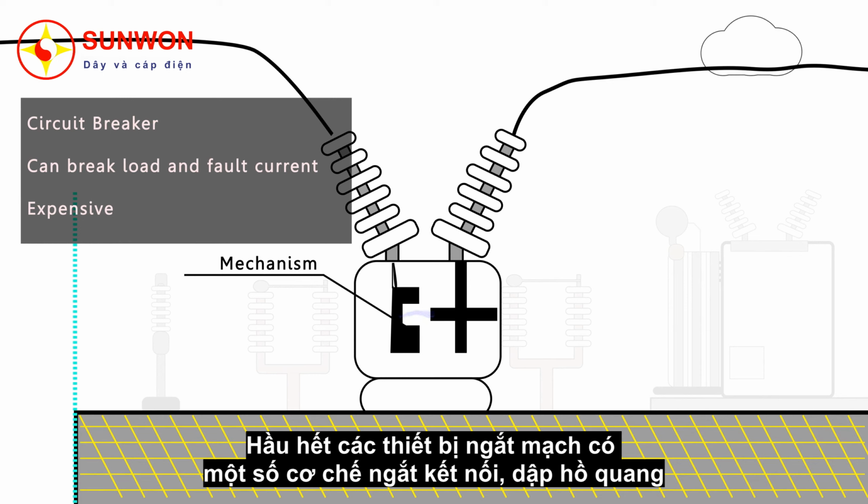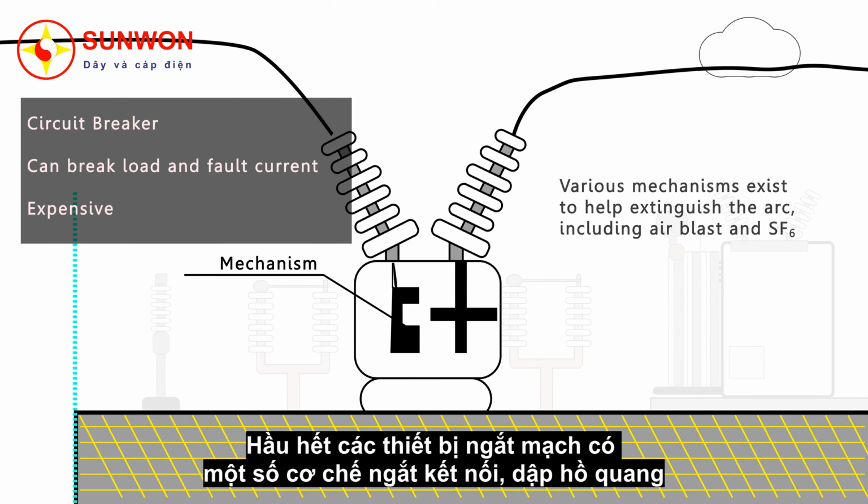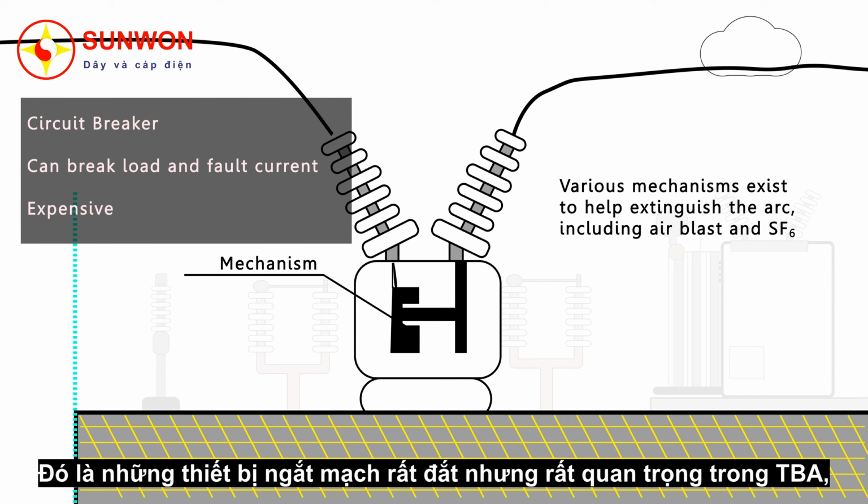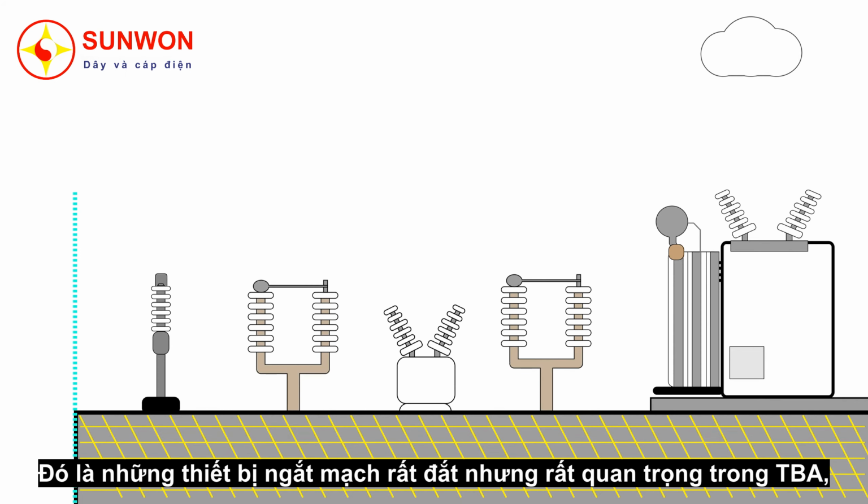Most circuit breakers have some kind of mechanism to physically pull the two connections apart and then extinguish the arc. Examples of this are air blast circuit breakers and SF6 based circuit breakers. So that's the circuit breaker. They're very expensive, but really important inside a substation.